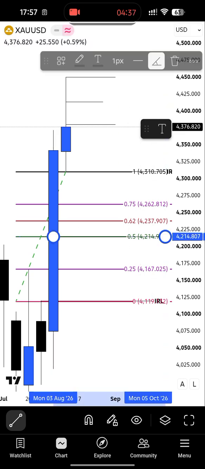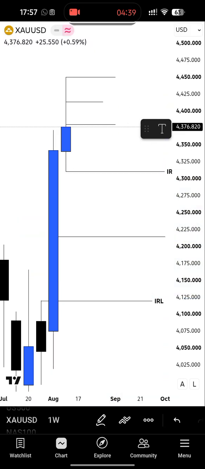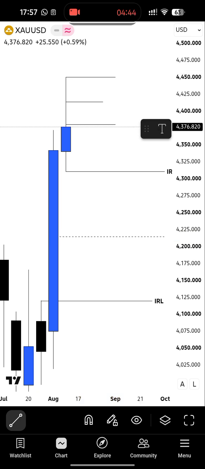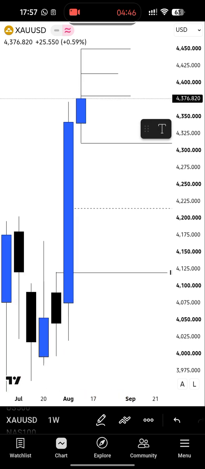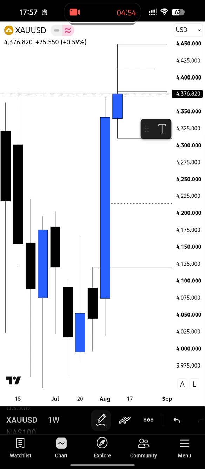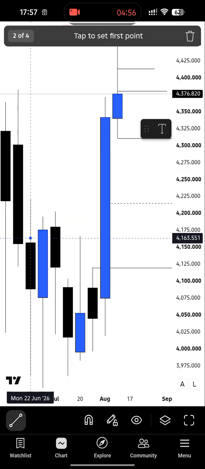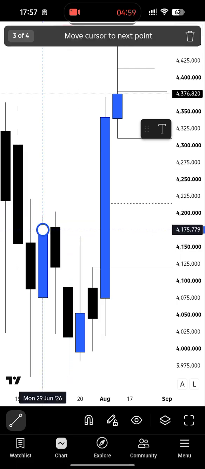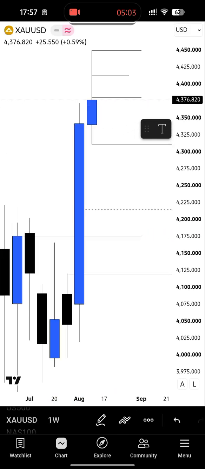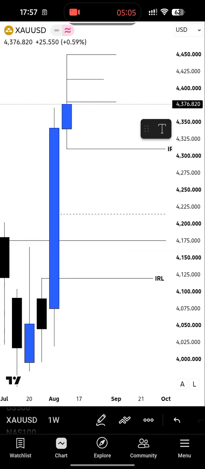If price decides to deliver, I'll be watching around 42.14 to see if it decides to deliver. This is the central encroachment. Now if price invalidates that 42.14, where will I be watching price? To this area. Why? There is a breaker block. So this is a breaker block, 41.75, also in line with my weekly gap.